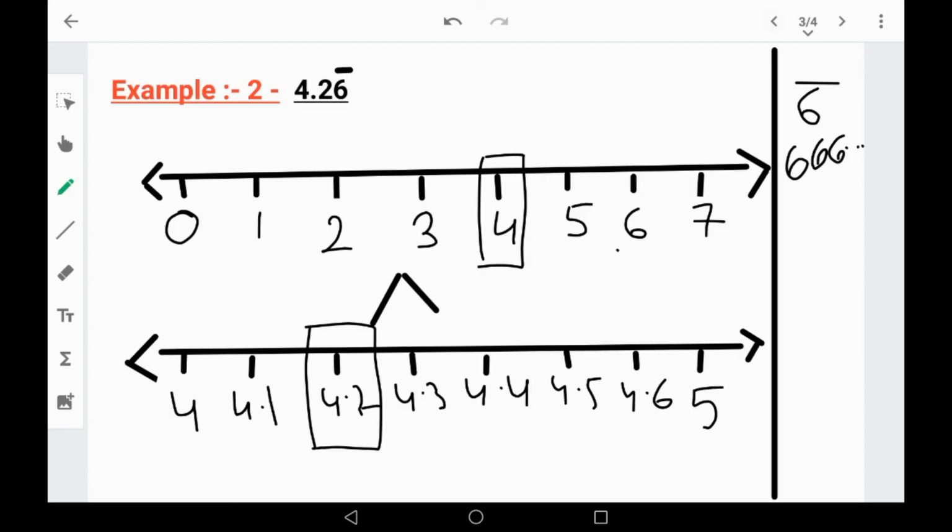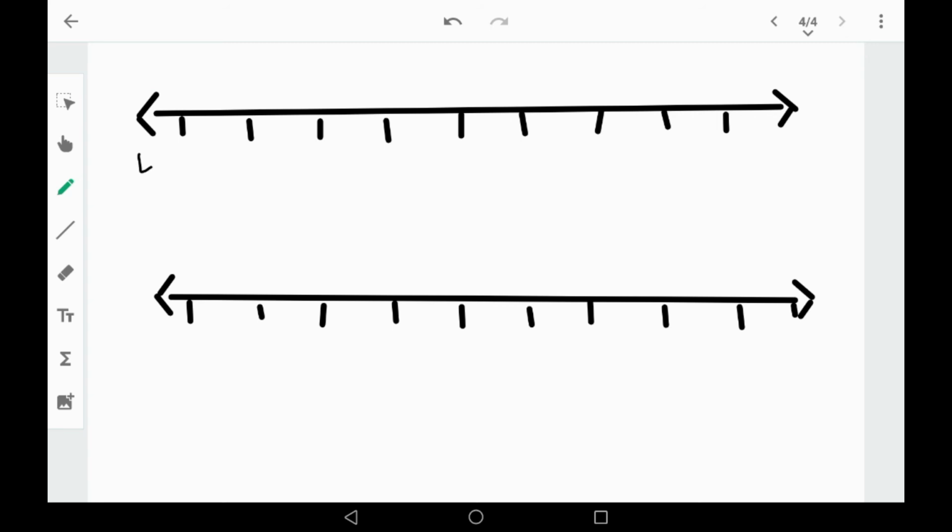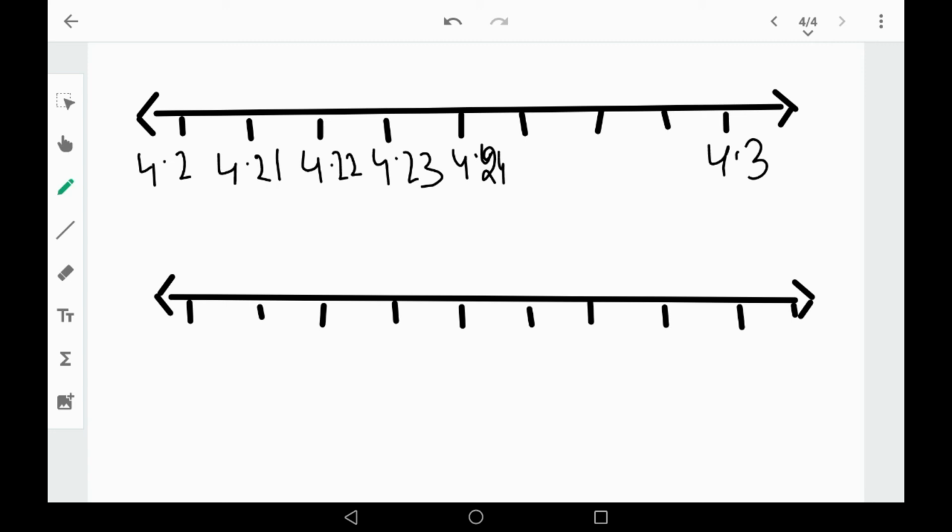I will do it like this. Here I will take 4.2, and after 2 comes 3, so I took 4.3. Now 4.21, 4.22, 4.23, 4.24, 4.25, 4.26, and you will write so on till 4.29.